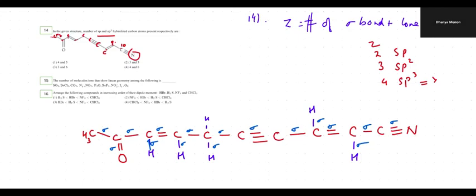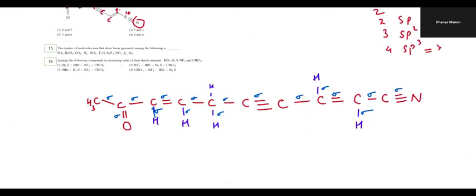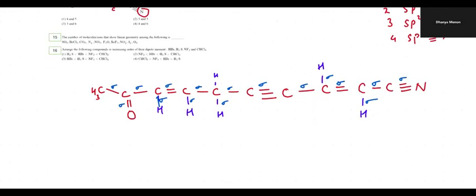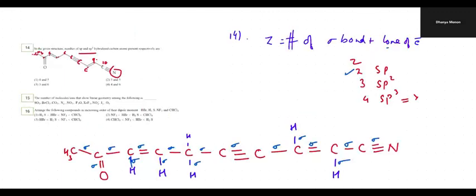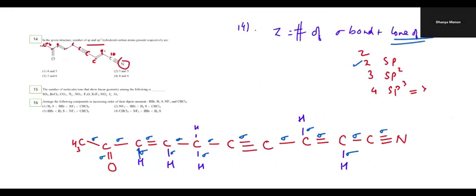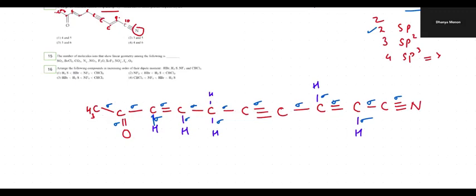Now, we will use this information. If there are 2 sigma bonds, because there is no lone pair of electrons, and I'm ignoring the lone pair, then based on the number of sigma bonds, if there are 3, that means this carbon is sp2 hybridized. There are 3 sigma bonds here, right?